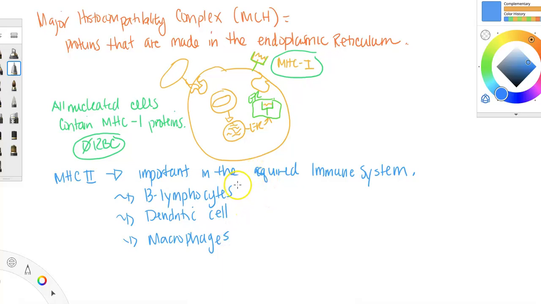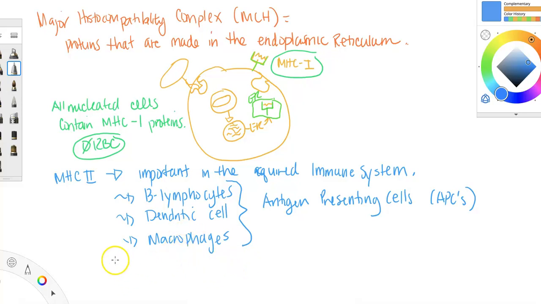And collectively, these 3 types of cells are antigen presenting cells, or APCs. Okay.